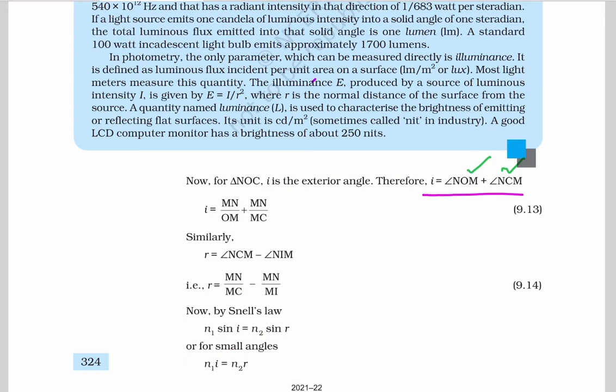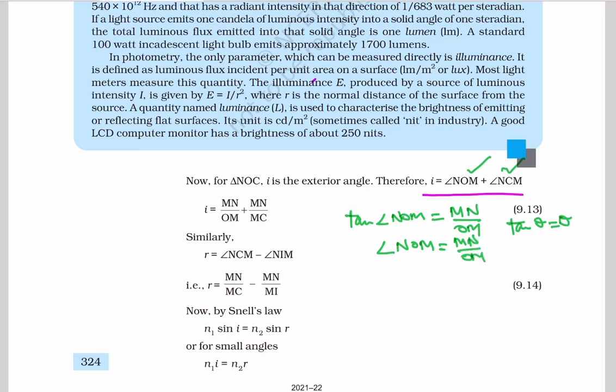Since tan of angle NOM is equal to MN by OM, and we are applying tan theta is equal to theta for small aperture, this angle NOM is equal to MN by OM.